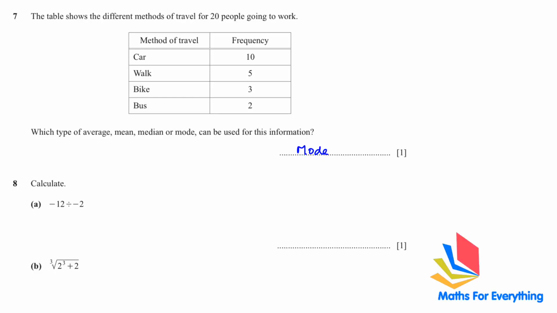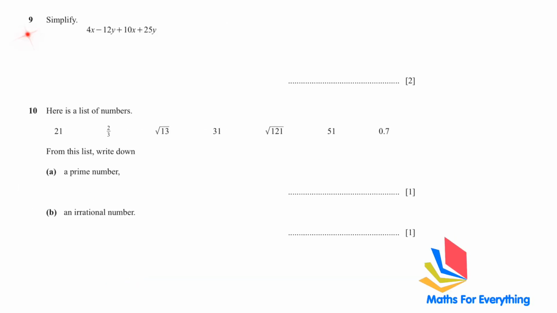Now moving on to question number 8. Put this in the calculator and you will get the answer 6. Part B, again the same thing, put it in the calculator correctly and you will get the answer 2.154. You can leave it like that or round it to 2 decimals. Question number 9, simplify. We have been given 4 algebraic terms and we have to simplify.